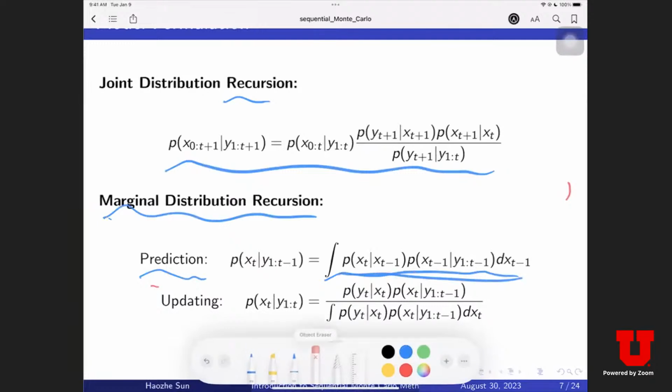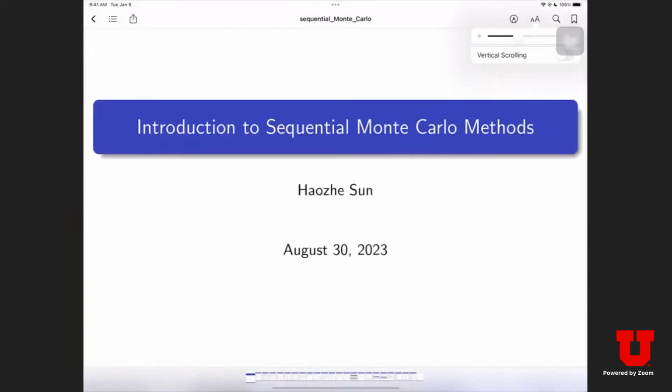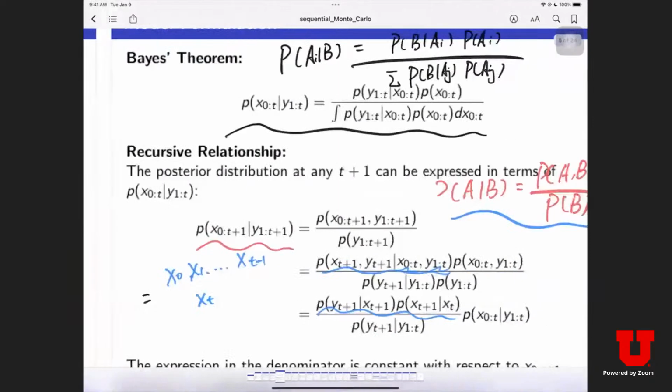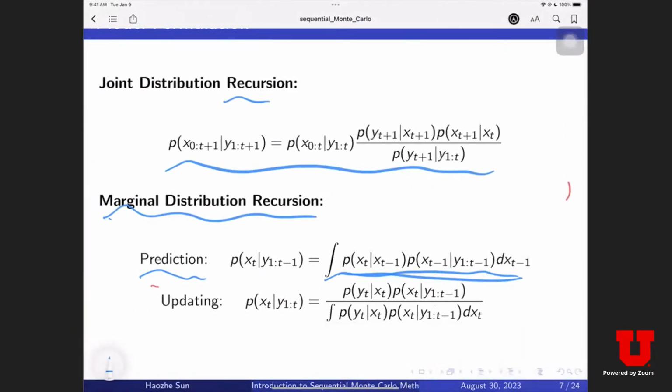But if we get the observation yt, what happened? We will get this function.